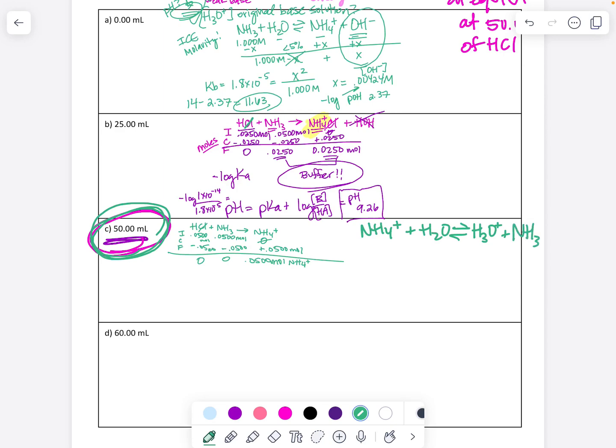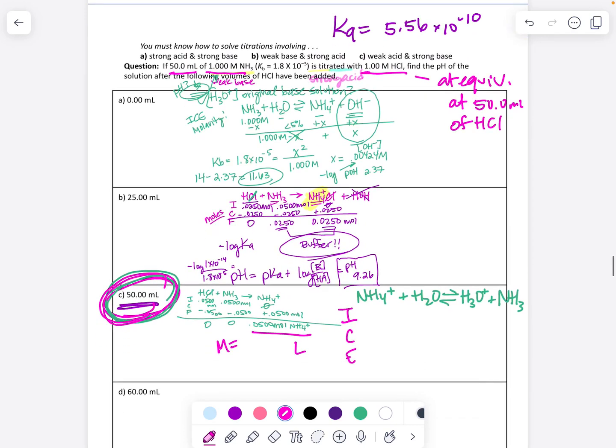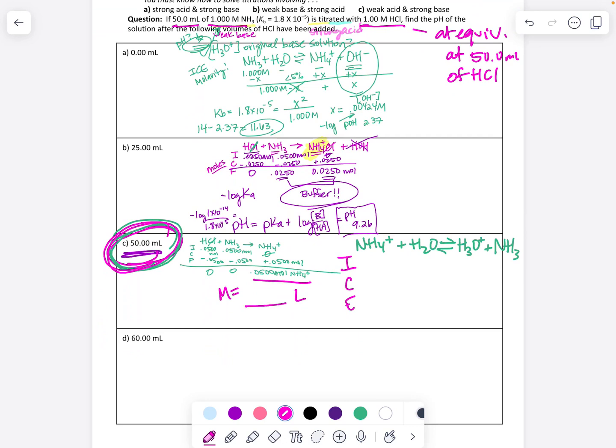So I have now, for my equation, I have this many moles. When I think about per liter, because we need molarity for our ICE tables, the amount of liters right now is 50 milliliters of that acid. And then I also have 50 milliliters of the base. So I have a total of 100 milliliters or 0.1 liters. And then the moles that I have is 0.0500. So 0.05 divided by 0.1, and I get 0.5.